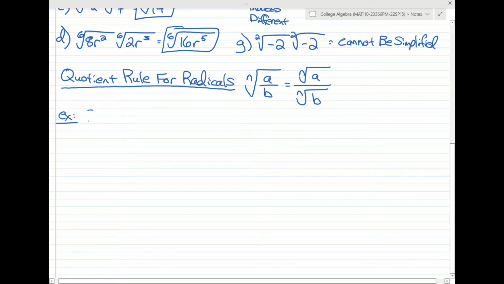If the directions were just to simplify the square root of 100 over 81, this is really just two problems. The square root of 100 over the square root of 81 is just 10 over 9. That would be the answer.